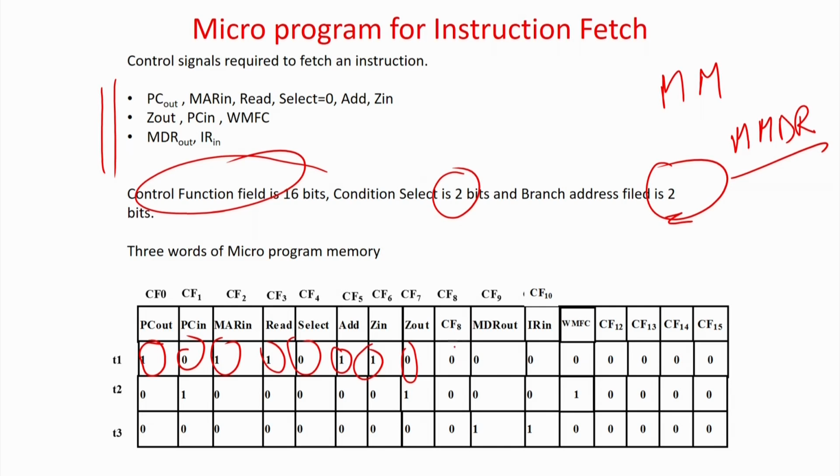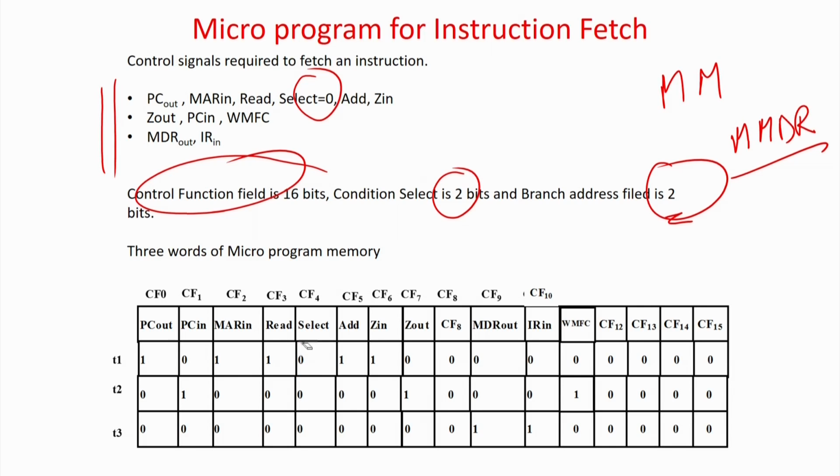So Z out is 0, MDR out is 0, IR in is 0, WFMC is 0, and all other values you have to put as 0. Only whatever is mentioned over here you put 1, and 0 as explicitly told. Explicitly it is telling that select has to be 0 because the program counter has to be incremented by a constant, so you explicitly put select as 0, and whatever is mentioned you put 1, and all others have to be reset to 0. That is done.